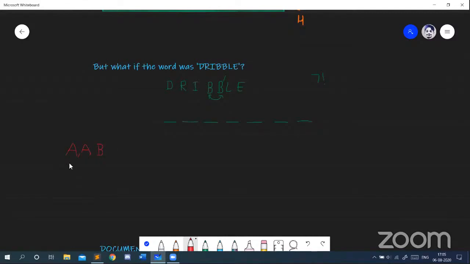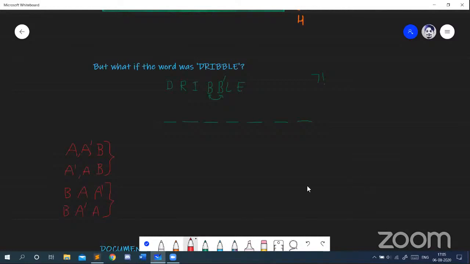Then one possible arrangement would be just A, B. And if these were distinct, then A prime, B, and then B, A prime. And if you look here, these two will actually count as the same in our case because these two A's are actually identical. We want to count these two things as the same, right?